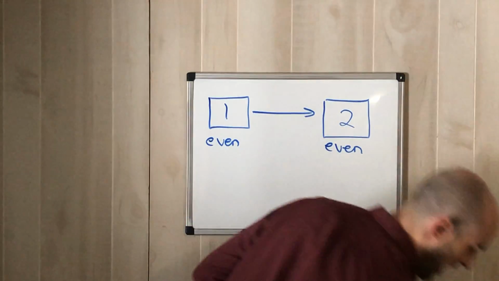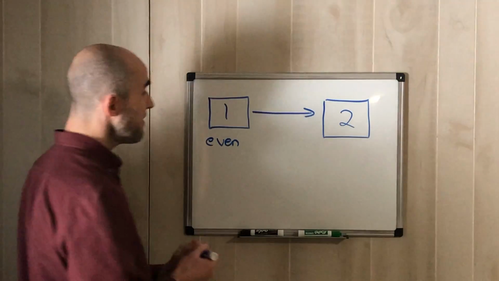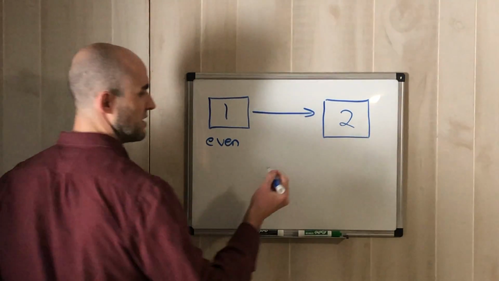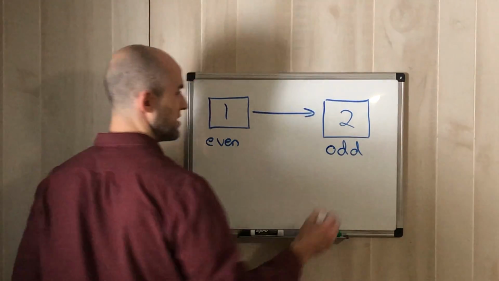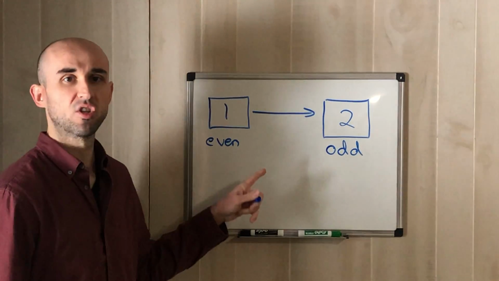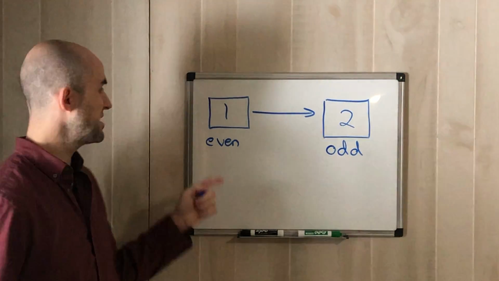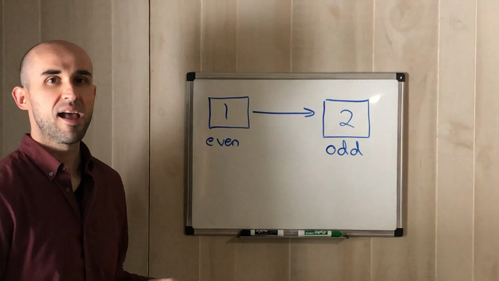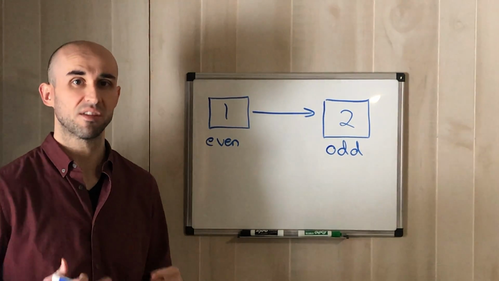If, for example, now, let's say that computer 1 sent even sequences, and then the second one received odd sequences, since they don't match, then we know for a fact there was a mistake. Most likely, a mistake happened somewhere along the way.